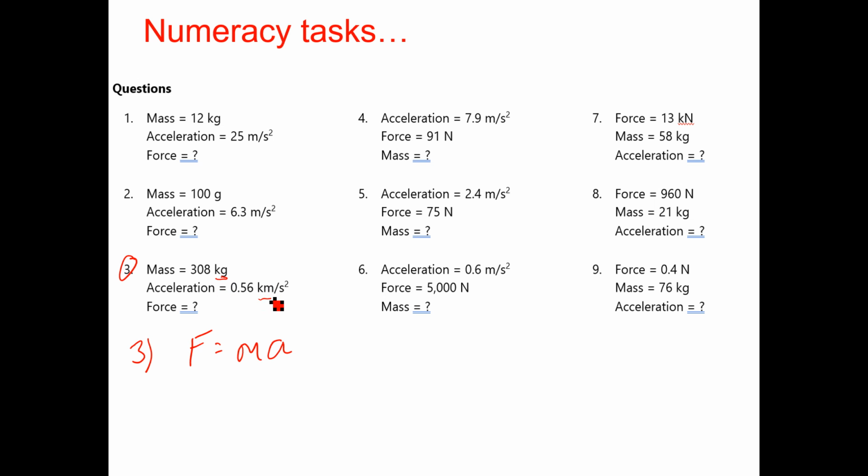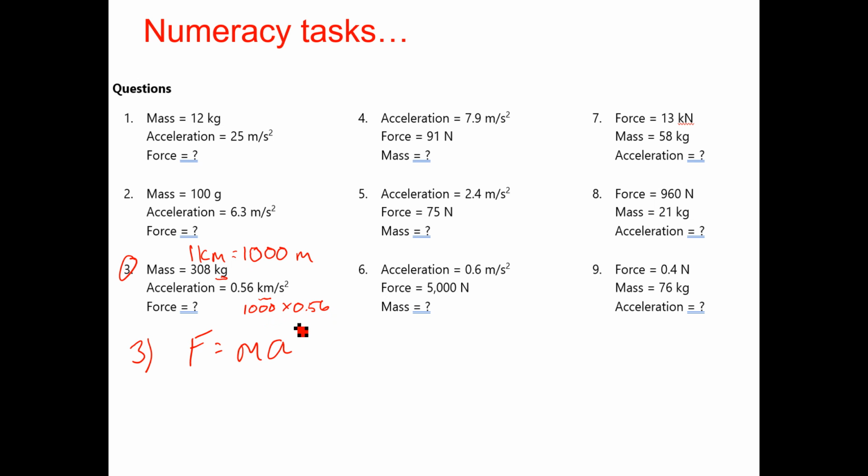Now, look at this. We've got kilometers. We need to know that 1 kilometer equals 1,000 meters. We just need to know what that prefix kilo means. 1,000. So this is 1,000 times 0.56.